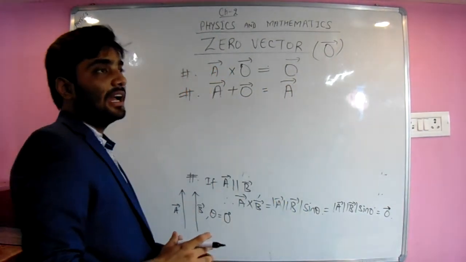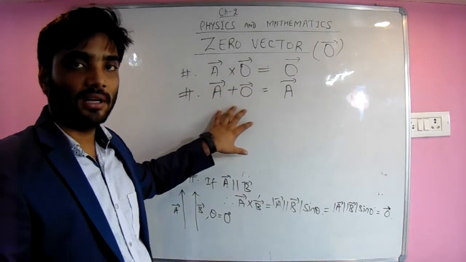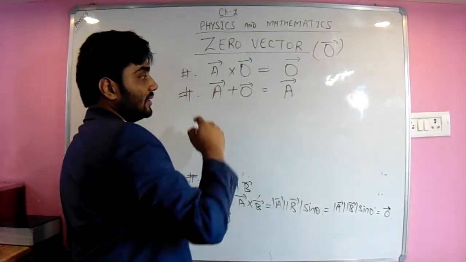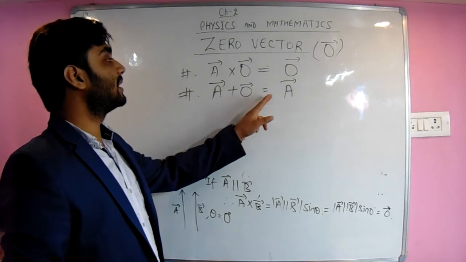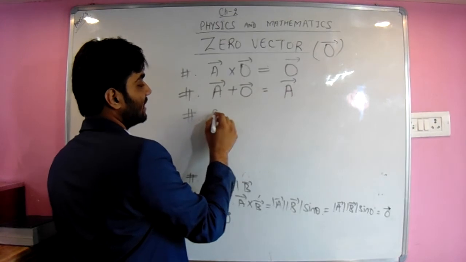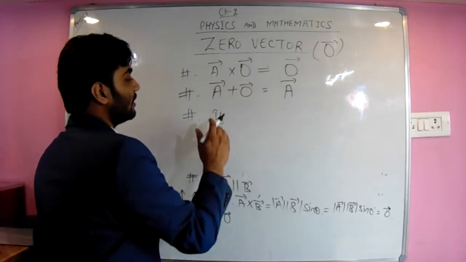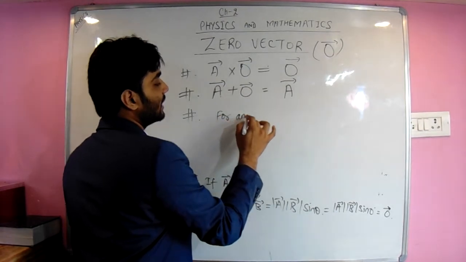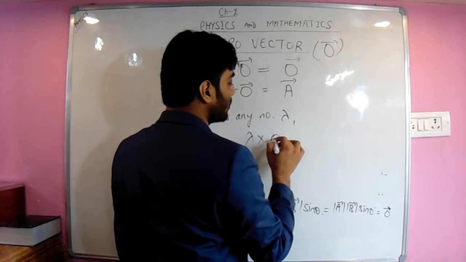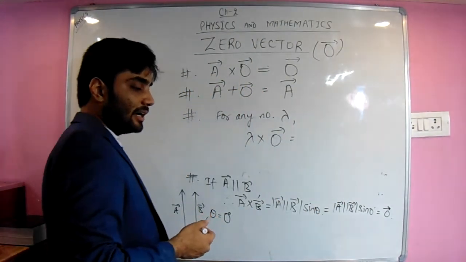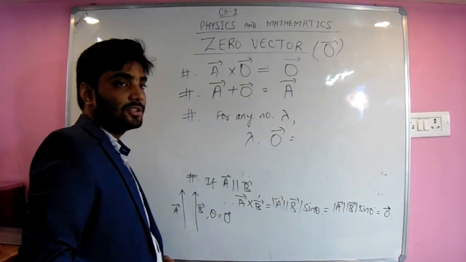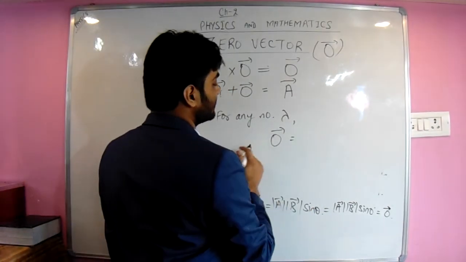Simple. So vectors also have properties like algebra. Only the zero vector is added here, and any time you can use this zero vector and it becomes a vector if we add it. Now, for any number lambda, if lambda is multiplied by the zero vector, then it is also called the zero vector.